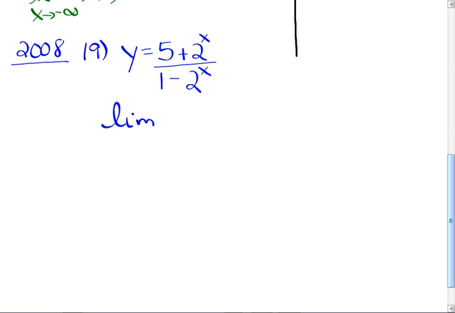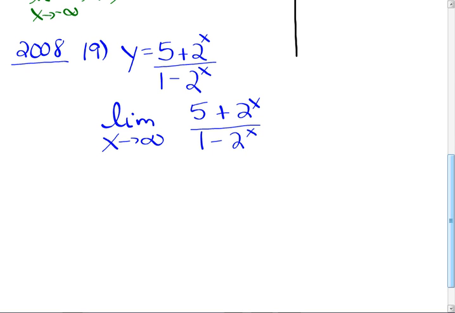Let's do this problem. Let's let x go to positive infinity. Now, this is an exponential. Forget the weird thing you may have learned, just think about it.